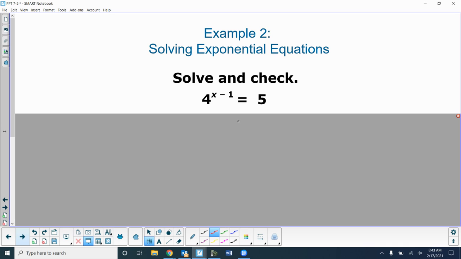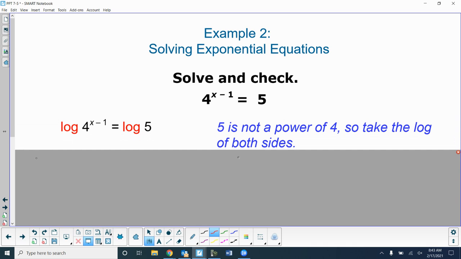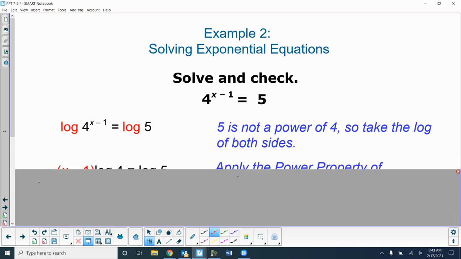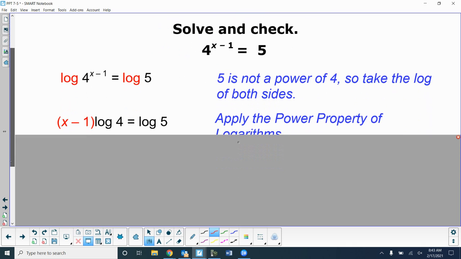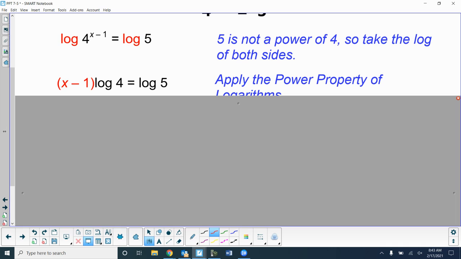Put log in front of both. That's how you got to start. Okay? What are we going to do with that x minus 1? Move it out front, right? What are we going to do with the log of 4? Divide it over so it gets on the other side with the log of 5, right?